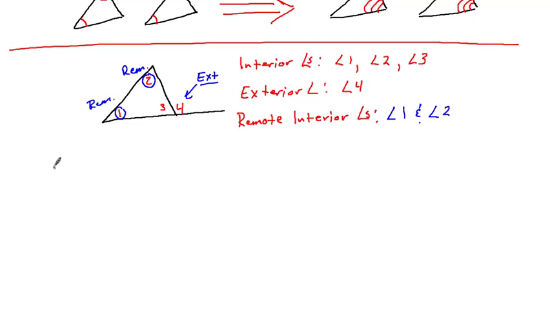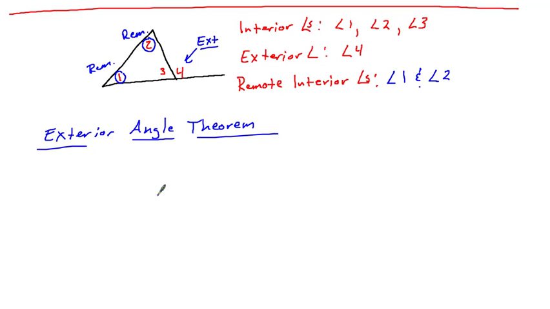Now we're going to have a theorem about this, of course. So we're going to have the exterior angle theorem. It's a pretty simple one, but it brings up some pretty complicated pictures for some of our work. So we're going to write it down.